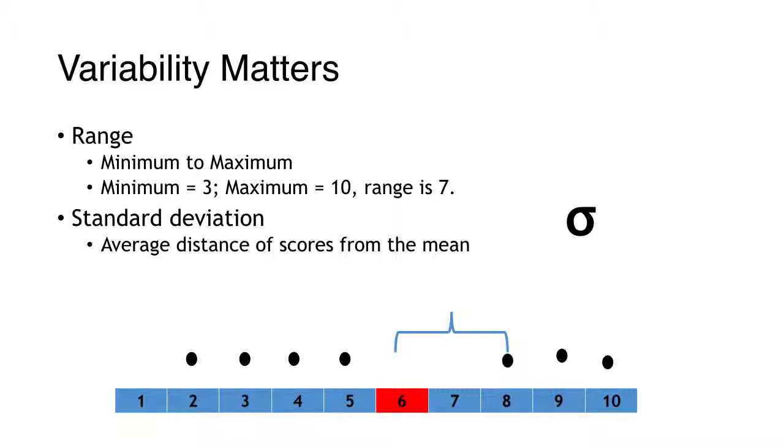So if my mean is 6, and this score here was 8, I take the distance between those two, and it's 2. So I take the distance from 8 to 6. And I would take the distance from 9 to 6, and 10 to 6. And 5 to 6, and 4 to 6, and 3 to 6, and 2 to 6. And I would average all of those distances, and I would get my standard deviation.